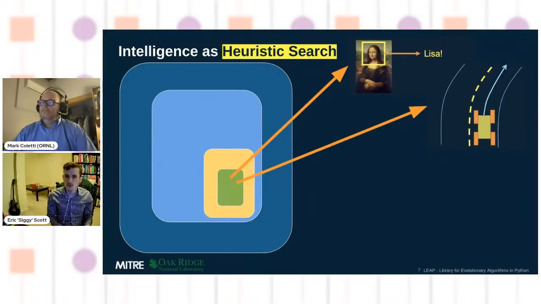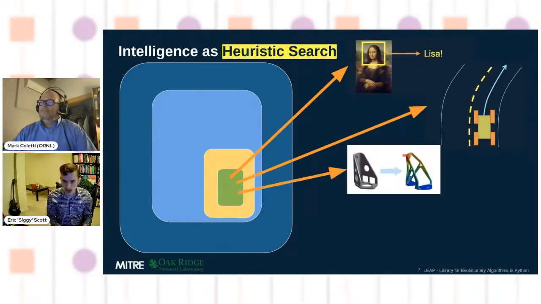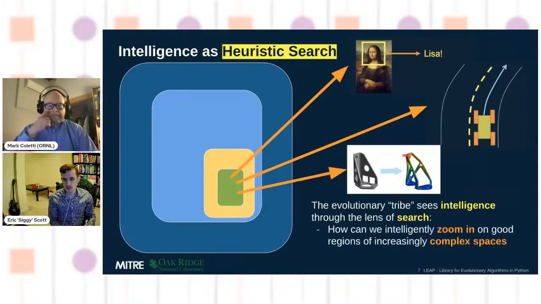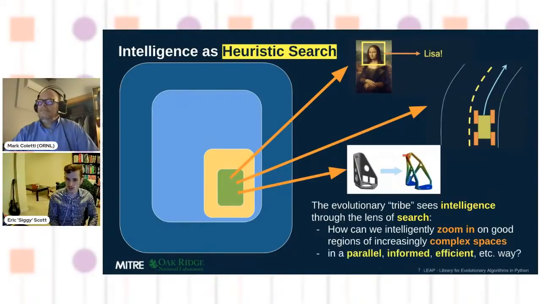Some control systems are going to be better at a self-driving task than others, and so on with a mechanical part. So evolutionary computation, and the evolutionary algorithms that it studies, is a modern view that views artificial intelligence through this lens of search. This raises a number of natural questions that go back to the earliest research in AI, such as how can we intelligently zoom in on high quality regions of a space as quickly as possible?